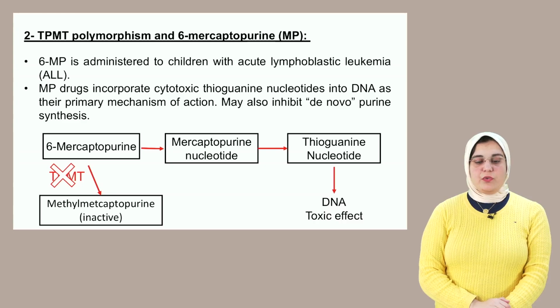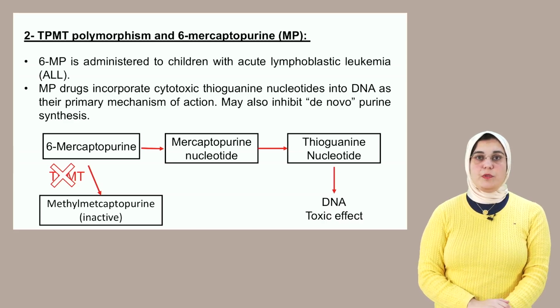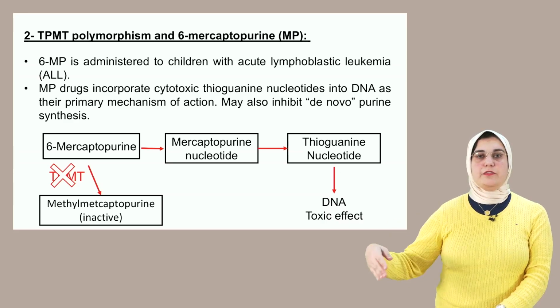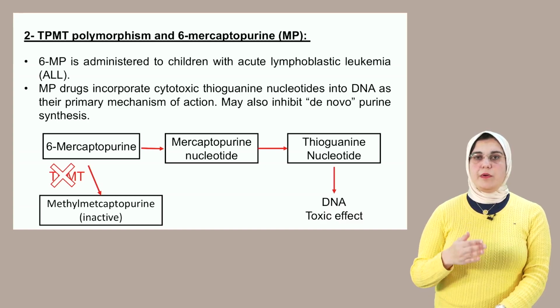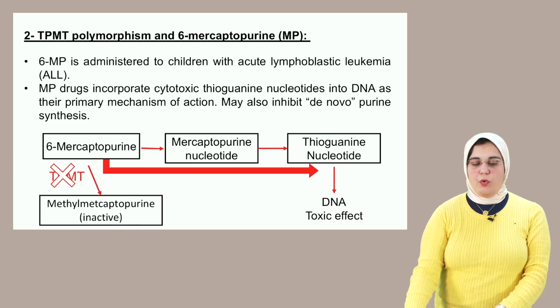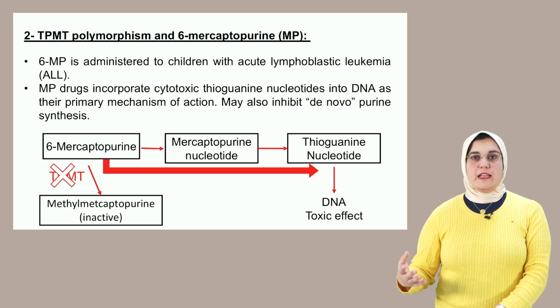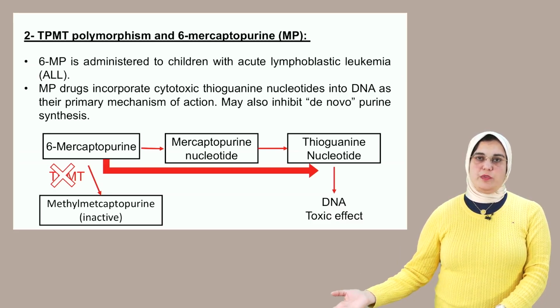What happens if we have a polymorphism in this enzyme? The 6-mercaptopurine is still active and it cannot be broken down or metabolized to the inactive form. So we have more 6-mercaptopurine.